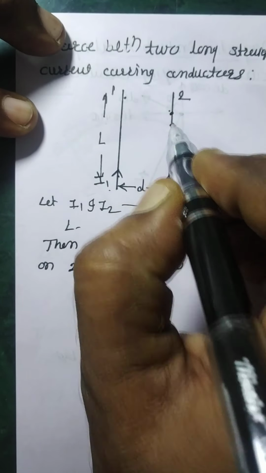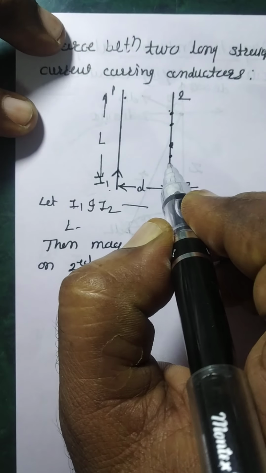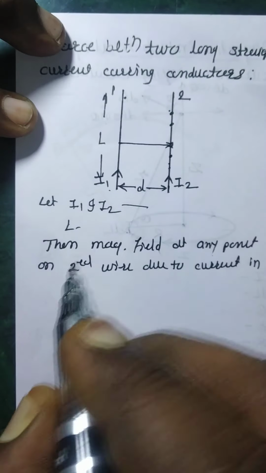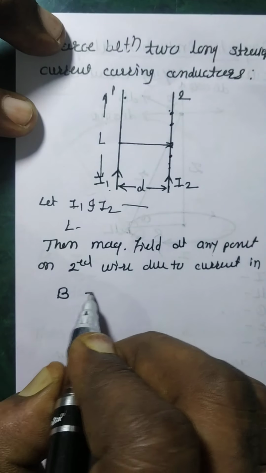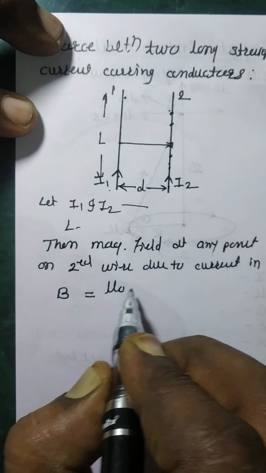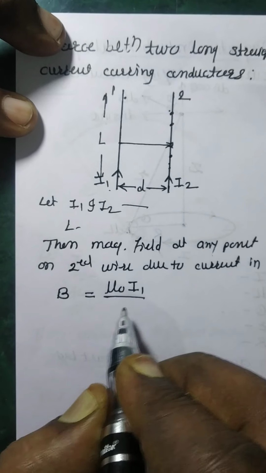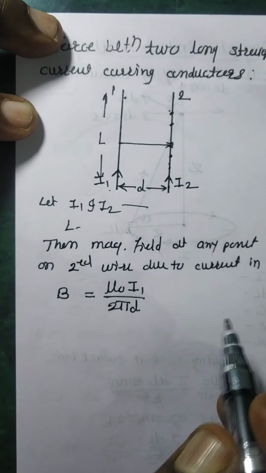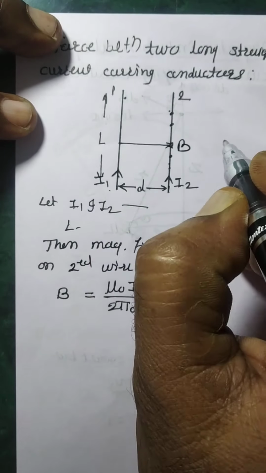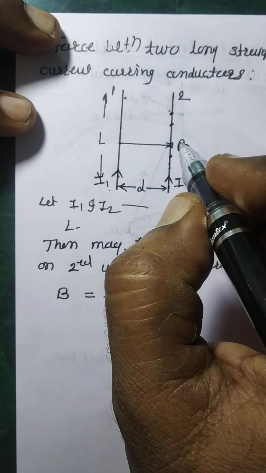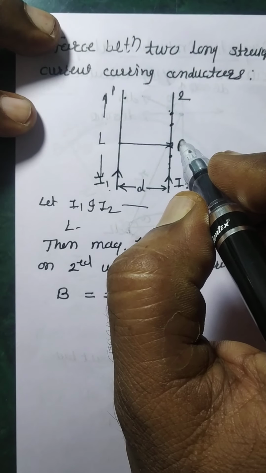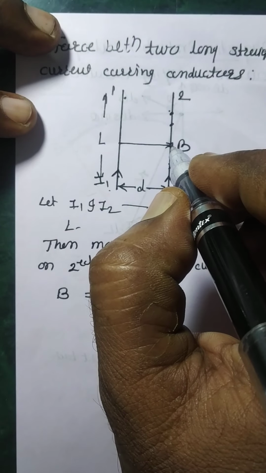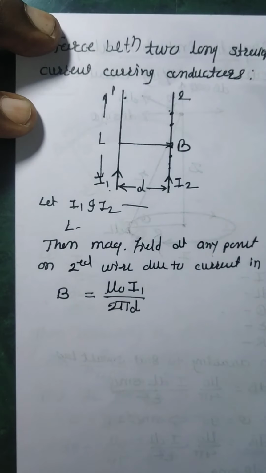Magnetic induction at any point on the second conductor due to current in the first conductor, that is B, is equal to mu naught I1 divided by 2 pi d. This is the magnetic induction. This magnetic induction is perpendicular to the plane, directed inward according to Biot-Savart law.